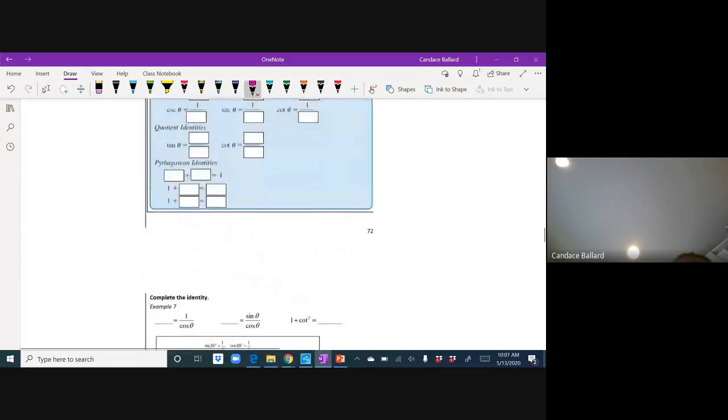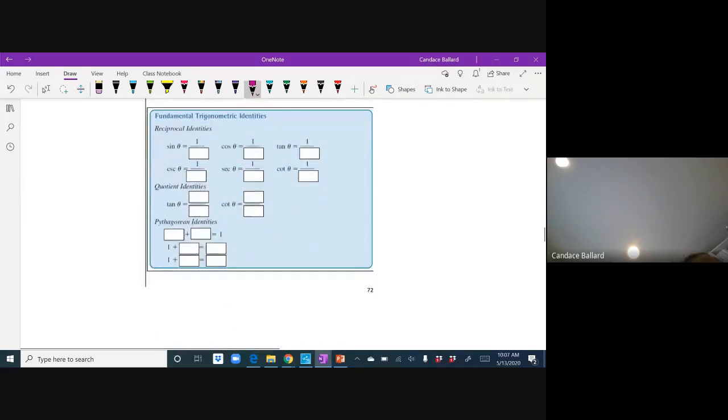I'm going to scroll back up here. Oh, I don't have them written out. Okay, let me do that real quick. Sine squared plus cosine squared equals 1, and I know I'm missing my thetas. Tangent squared, secant squared, and cotangent squared and cosecant squared.